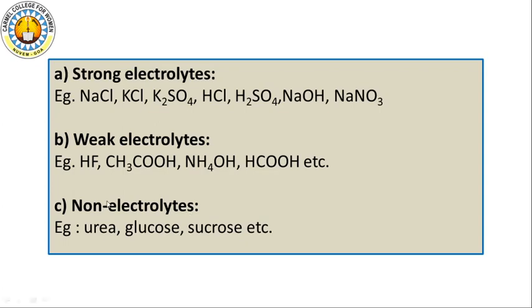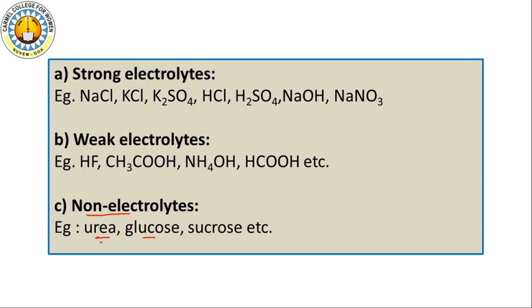Again, the same examples. We have strong electrolytes, all these examples. We have weak electrolytes, and we want to stress on the non-electrolytes here. Non-electrolytes, we have urea, glucose, sucrose, etc. So when you dissolve it in water, it will remain as urea and as water, that is solute and the solvent.